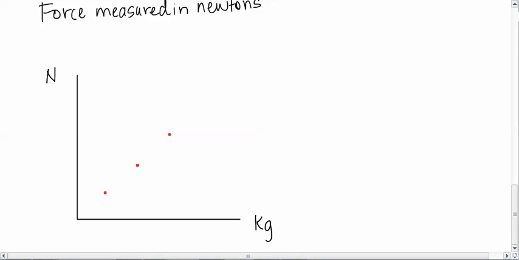Bigger kilograms gave you bigger newtons. So let's label this as force measured in newtons, and this is mass measured in kilograms.